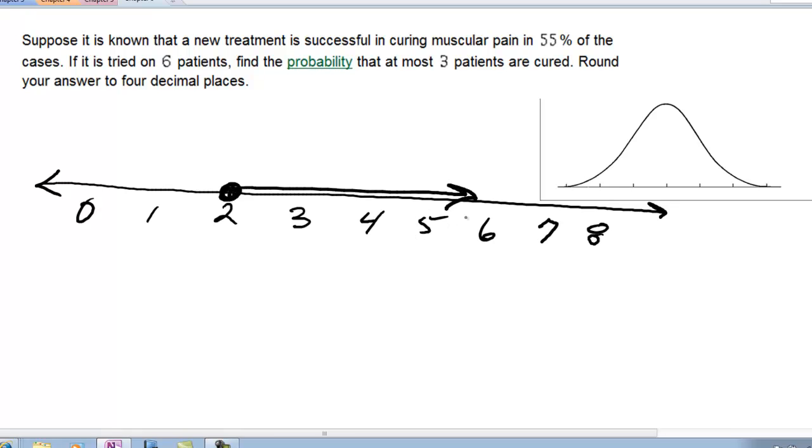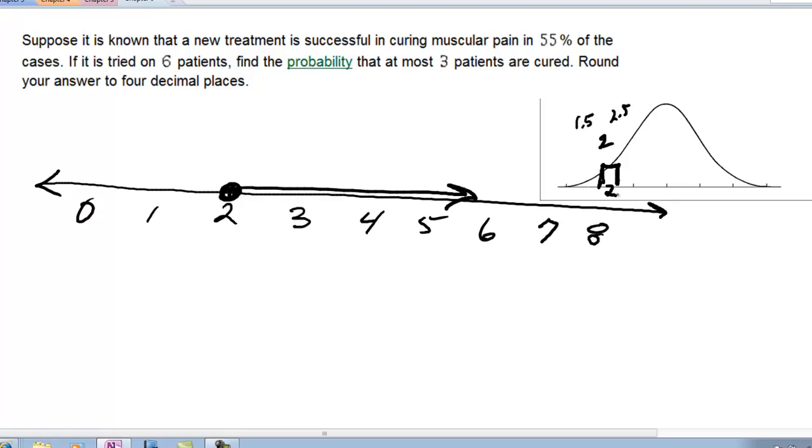And I want you to notice, if this was my probability distribution, and here was the line for 2, or actually we'd have to go 1.5, and this is 2.5. So 2 lies between 1.5 and 2.5. So this little rectangle here represents 2, and it's in those borders.